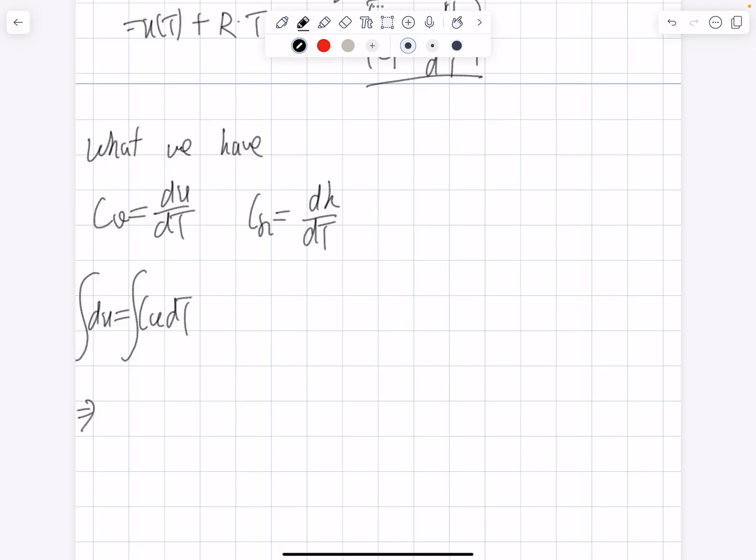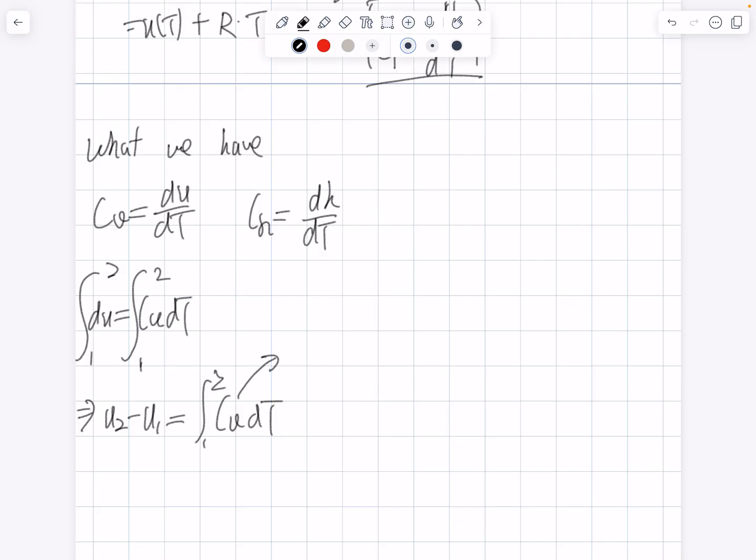It basically says, let's just say from 1 to 2. This makes it so that U2 minus U1 equals the integral of C_V dT.